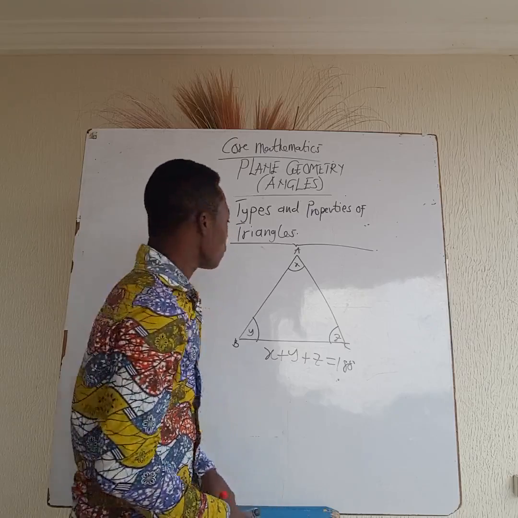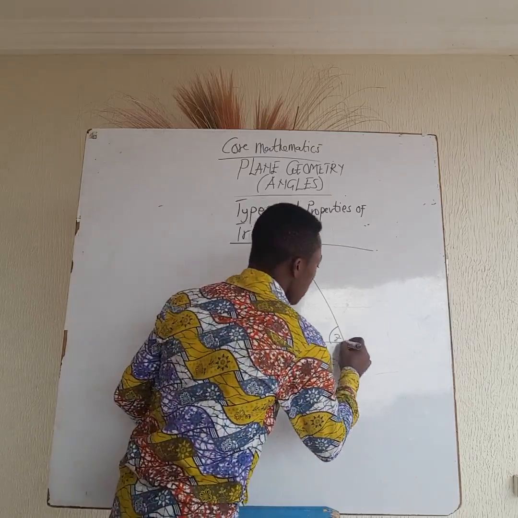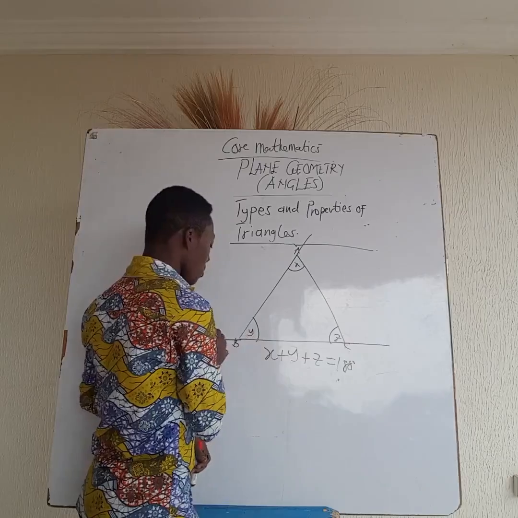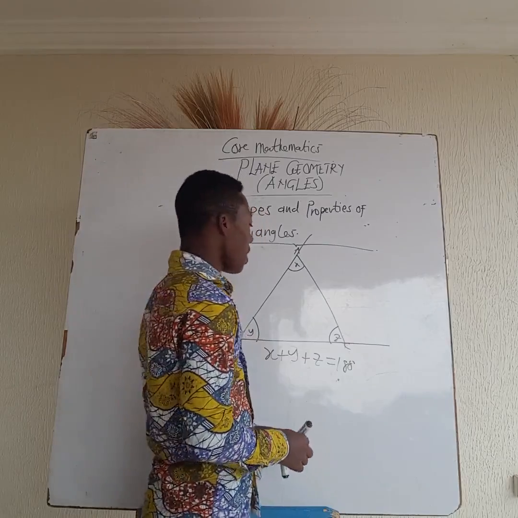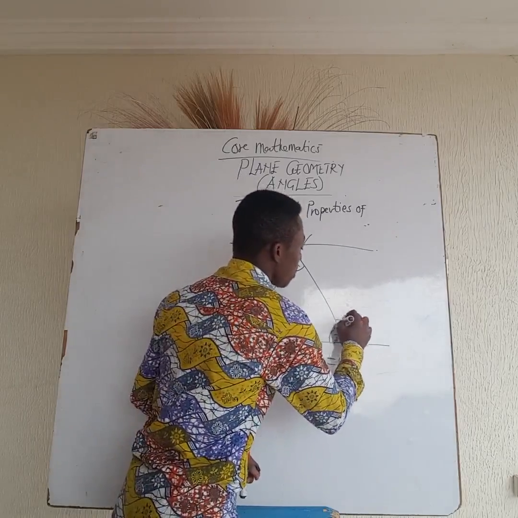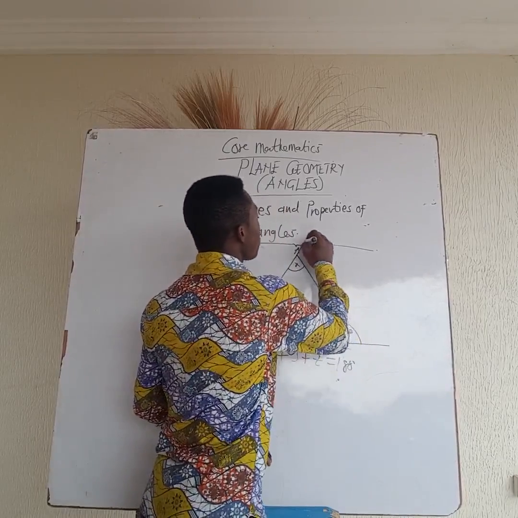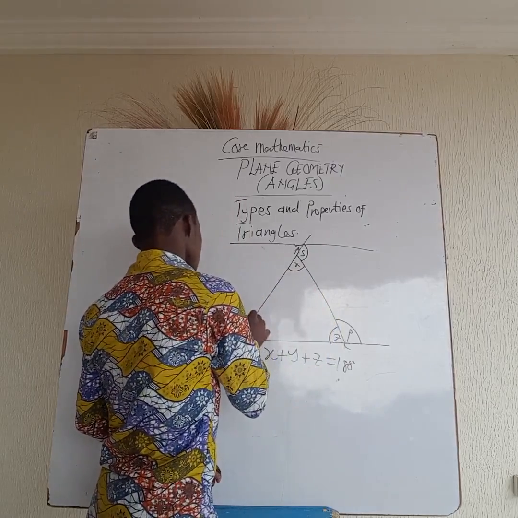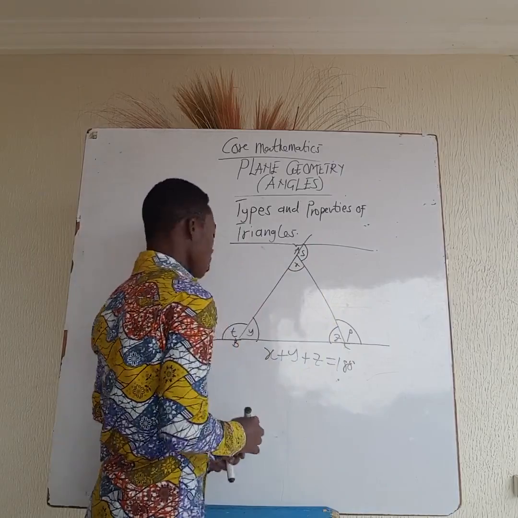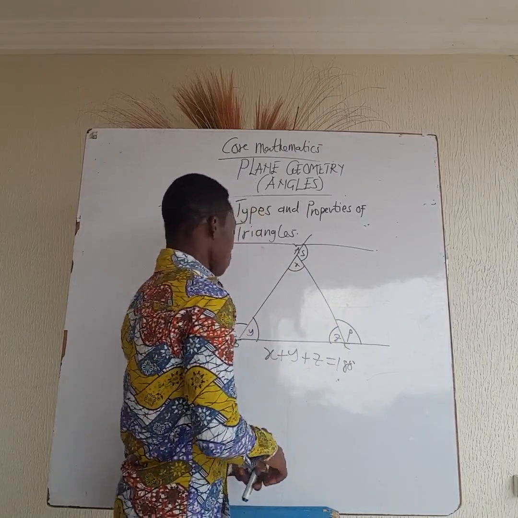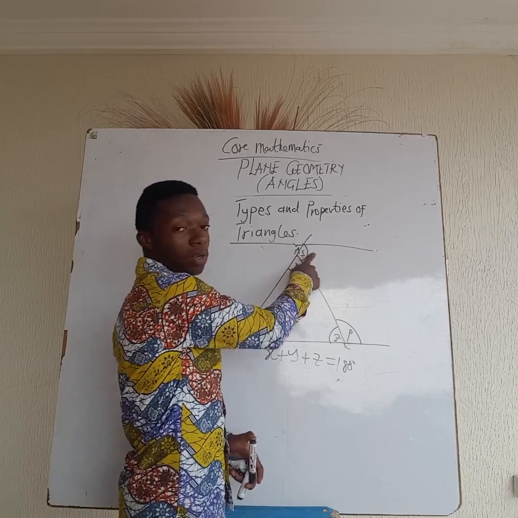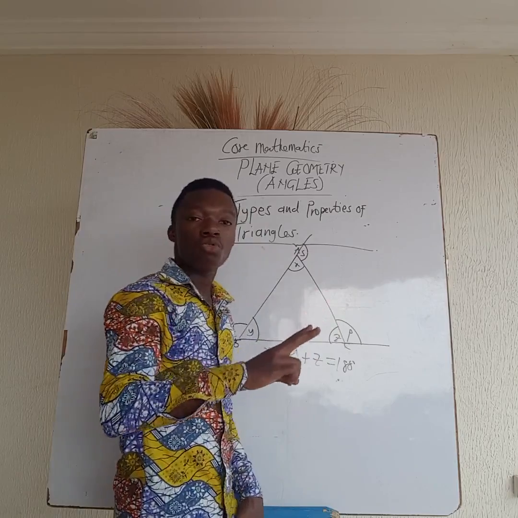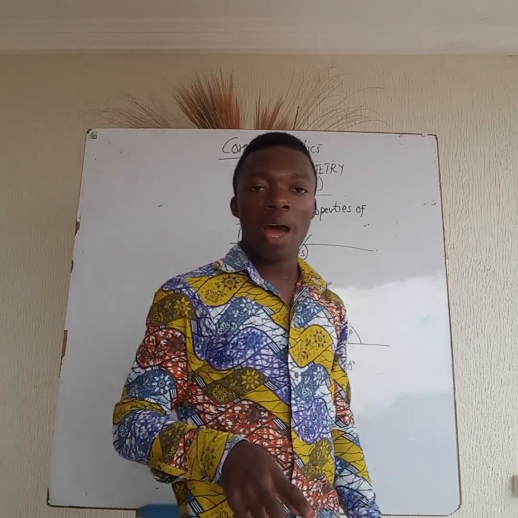Then we can also talk about certain properties that I need to understand when it comes to triangles. Now if I extend this line a bit, and extend that line a bit, that's what is happening. Let's say I name one angle P, another angle X, and another angle T. For me to find angle X, one of the properties of a triangle tells us that if I add two opposite interior angles, it gives me what?